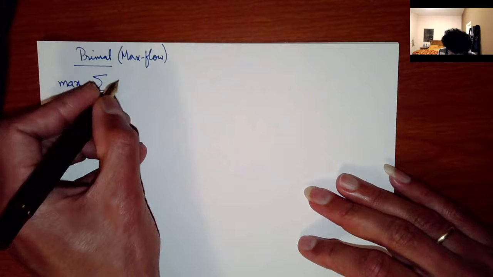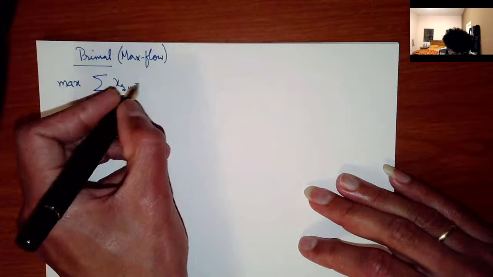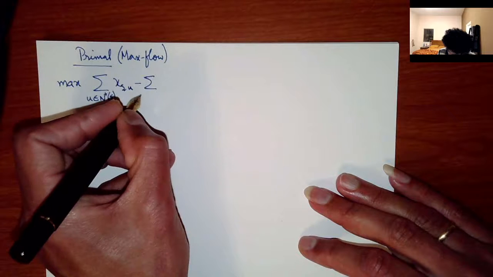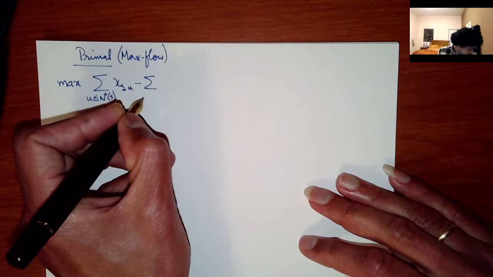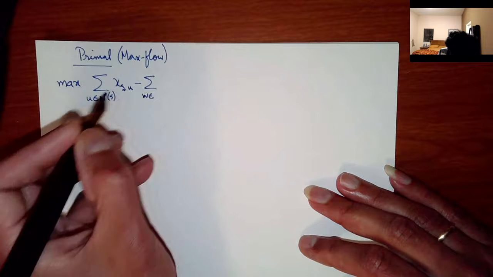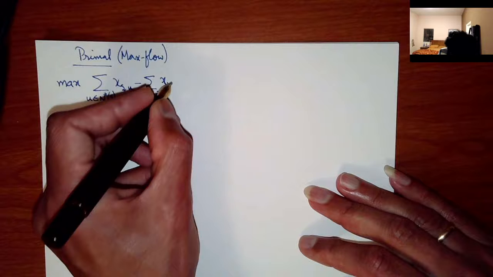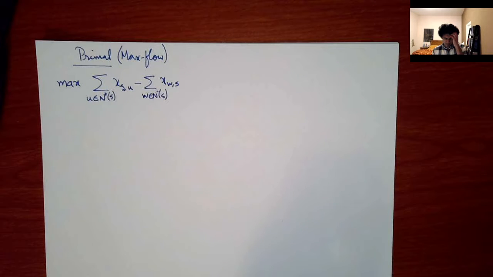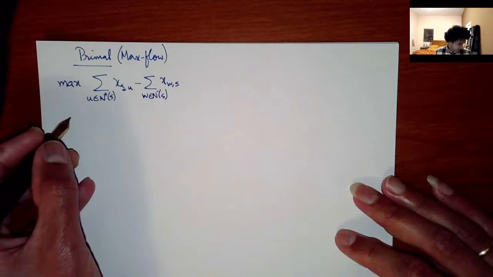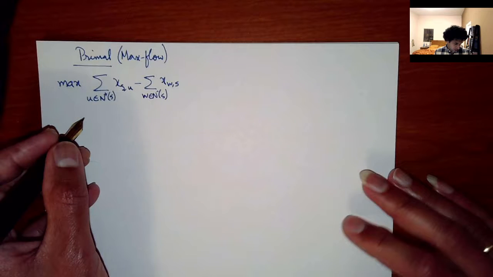So x_SU, this is the total amount going out of S, minus, let's say W in the in neighborhood of S, x_WS. So you maximize the flow, then let me state the flow conservation constraints.